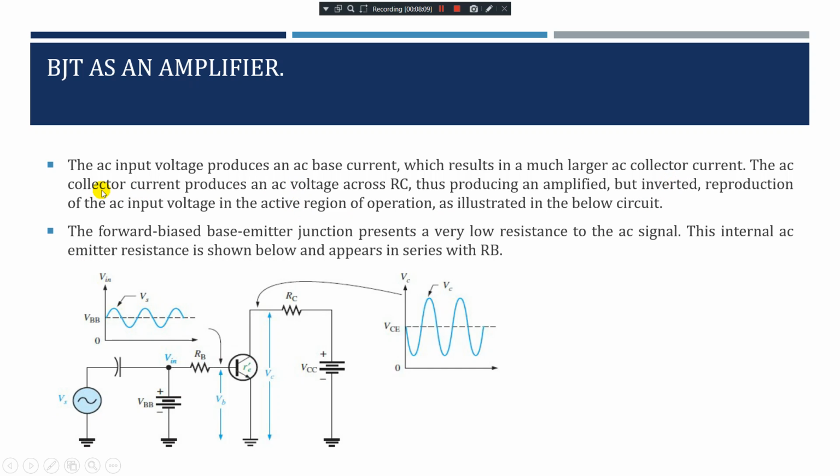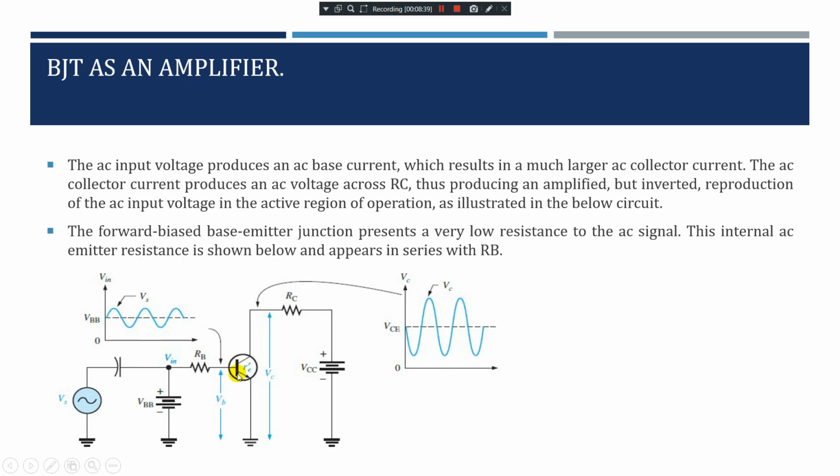the AC collector current produces an AC voltage across RC, thus producing an amplified but inverted reproduction of the AC input voltage in the active region of operation, as shown in the below figure. So if you can see here, the AC input of your transistor at RB is sinusoidal, that means it's an AC.